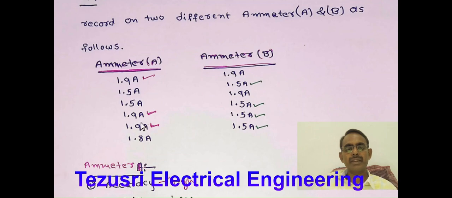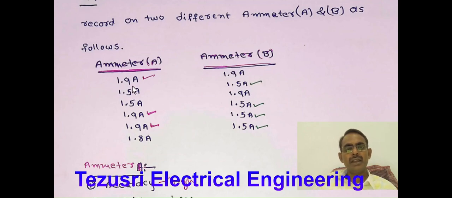From these readings, 1.9 amperes, which is near the true value, appears 3 times for ammeter A. For ammeter B it appears 2 times. Therefore the accuracy of ammeter A is greater compared with ammeter B.